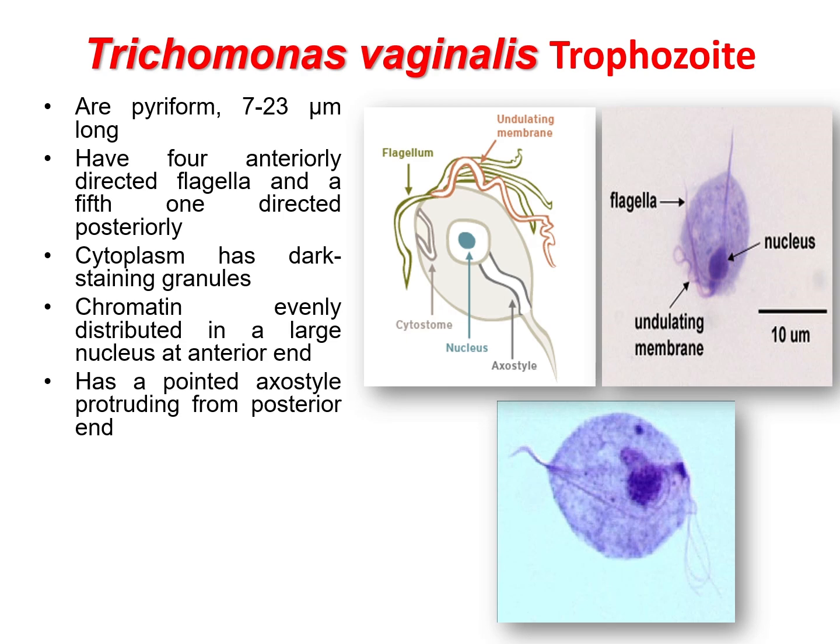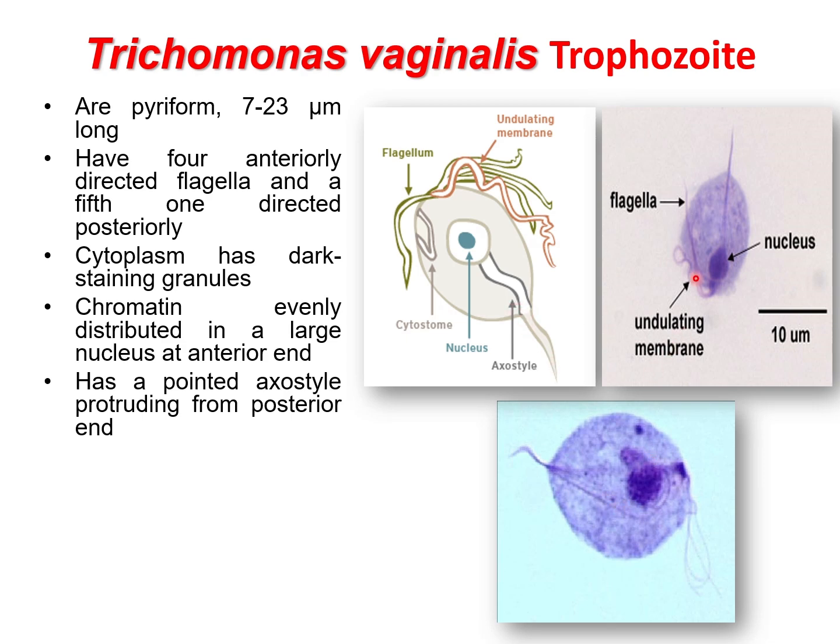As for the properties of the trophozoites in Trichomonas vaginalis, I want you to know that these trophozoites are also pyriform, like those of Giardia lamblia. However, the number of flagella is different. While in Giardia lamblia trophozoites we can see 8 flagella, in Trichomonas vaginalis we have only 4 at the anterior part, and we have a 5th smaller one that is protruding from the axostyle at the posterior side.